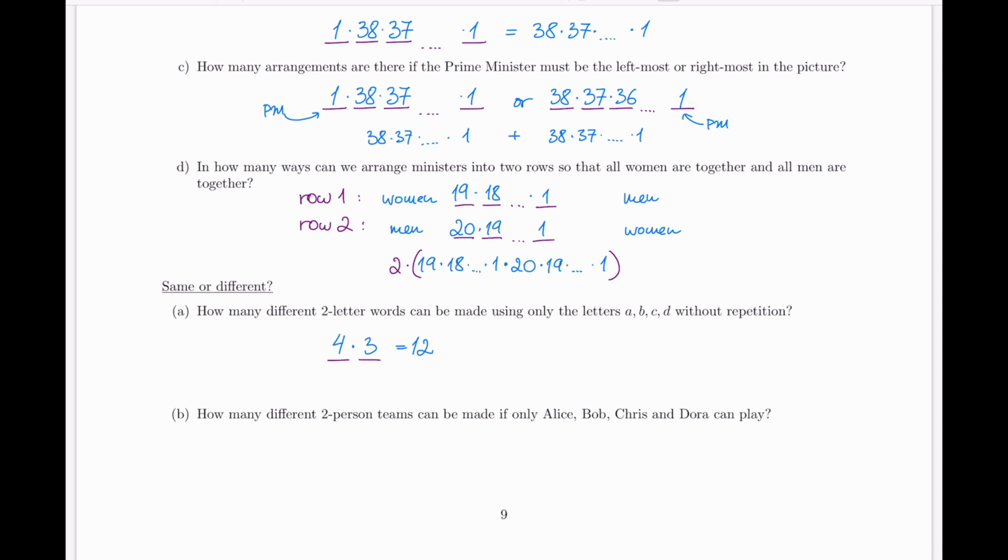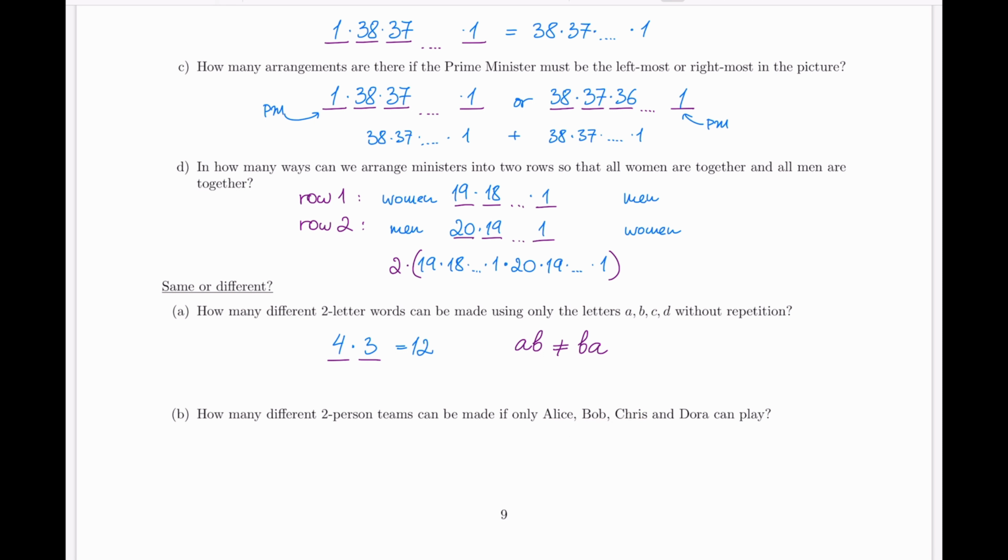So for example, the two-letter word AB is not the same as the two-letter word BA. And I will account for both of them using this type of counting. Let's take a look at part B here. How many different two-person teams can be made if only Alice, Bob, Chris, and Dora can play?